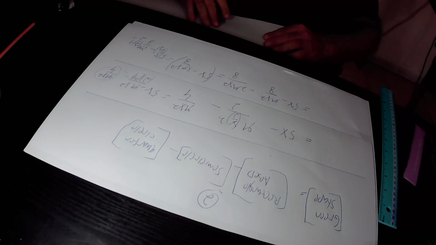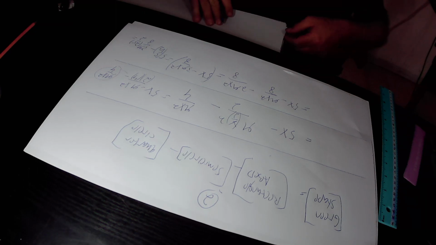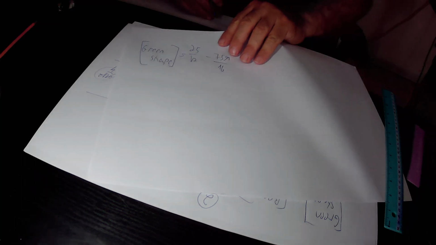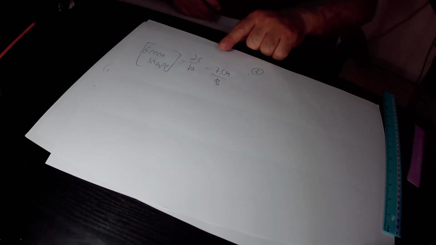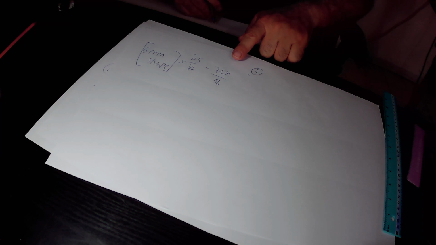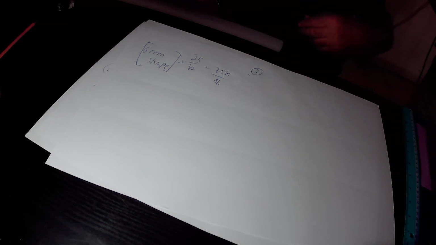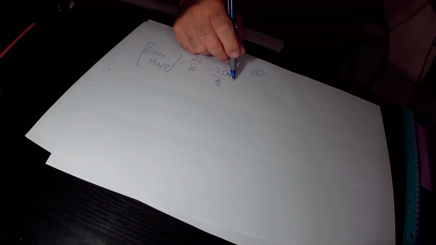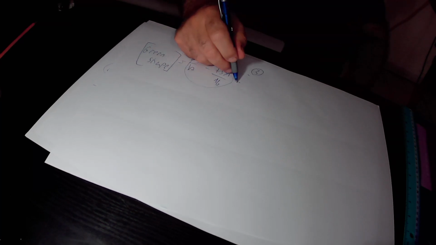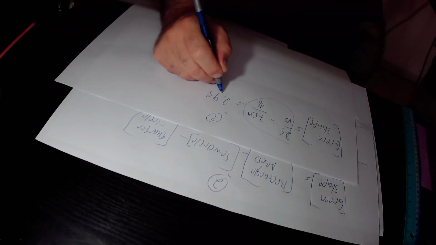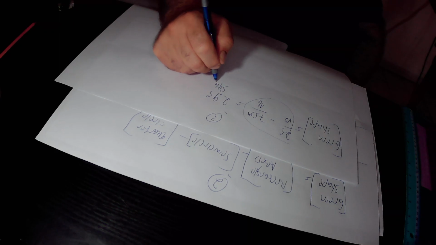So we found out that in total the area of the green shape equals 25 over square root of 2 minus 75 pi over 16 square units. Or in terms of numbers, the value of this expression in total equals 2.95 square units.